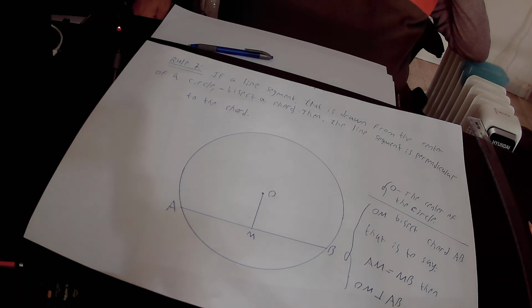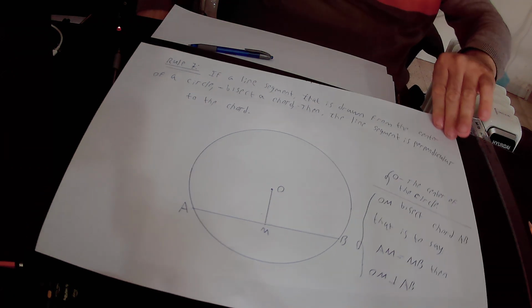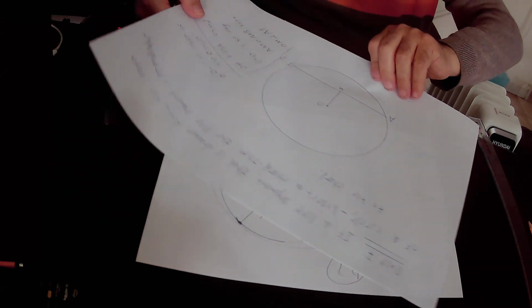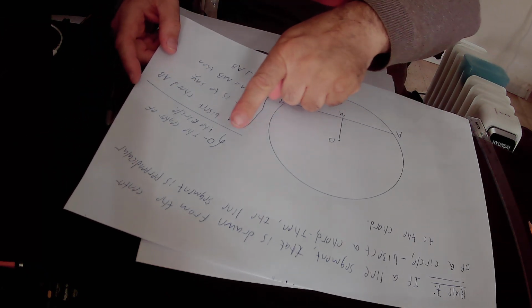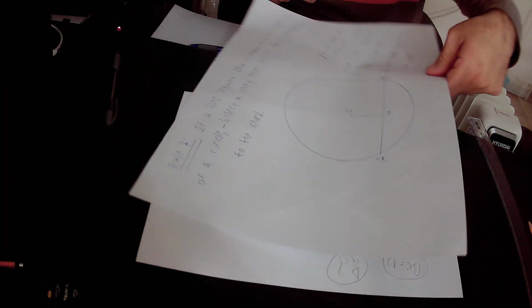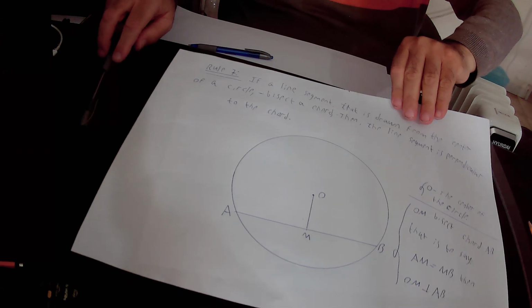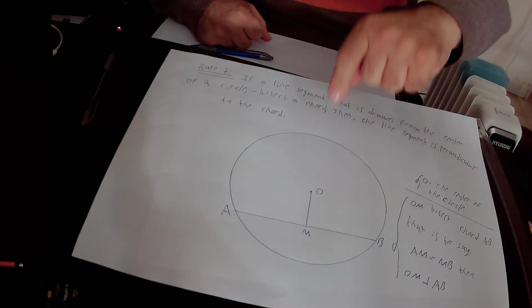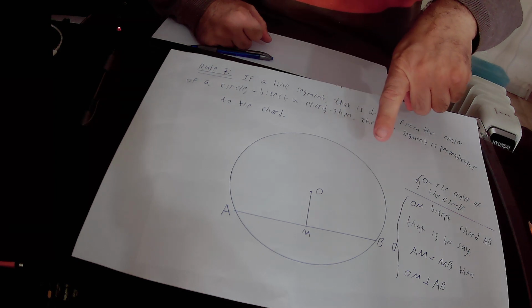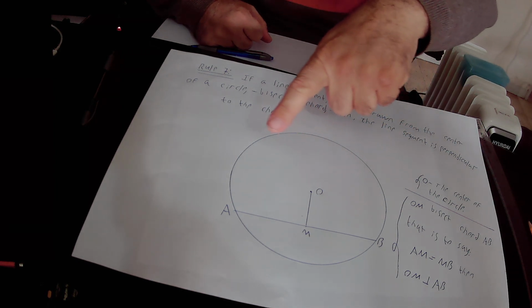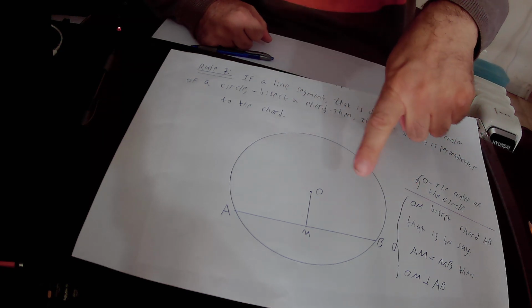If a line segment that is drawn from the center of a circle bisects a chord, then the line segment is perpendicular to the chord. So here, the center of this circle is at point O. From point O, we draw line segment OM that bisects chord AB. That is to say, AM equals MB.